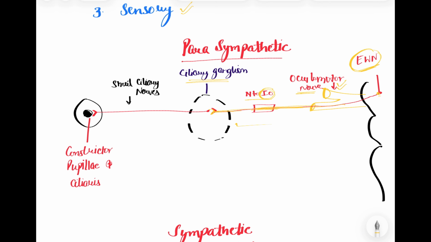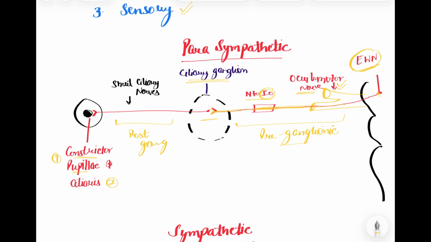The fibers which are behind the ciliary ganglia, we will call them preganglionic fibers, right? So they will relay in the ciliary ganglia. Postganglionic fibers will start from this ciliary ganglia and reach towards the eyeball, supplying two muscles over there, that is constrictor pupillae and ciliaris muscle.